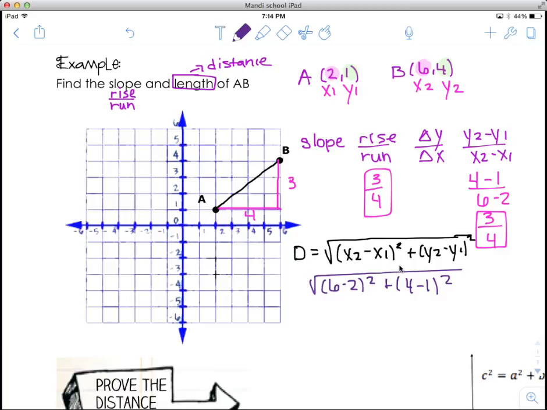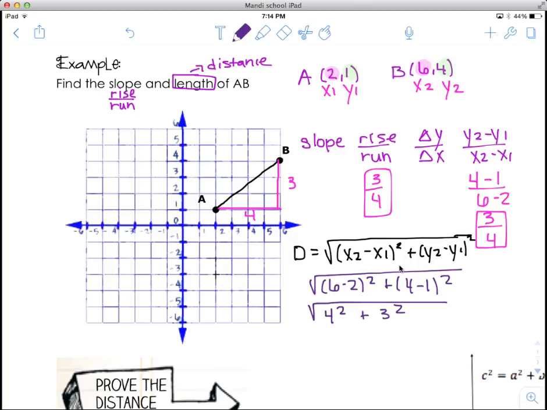Now I usually just put it in my calculator from here using the square root and the parentheses and the squared, everything exactly like you see it. But I'm going to go ahead and work this one out by hand just so you can see what happens. 6 minus 2 is 4, squared. 4 minus 1 is 3, squared.